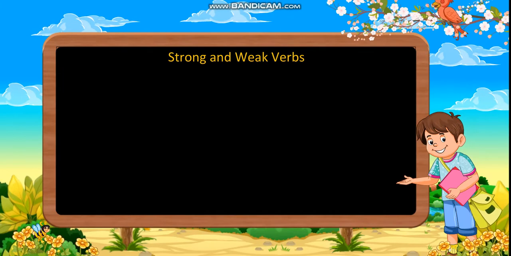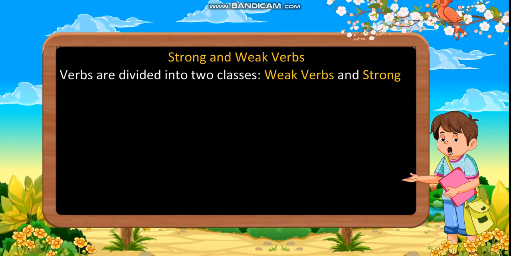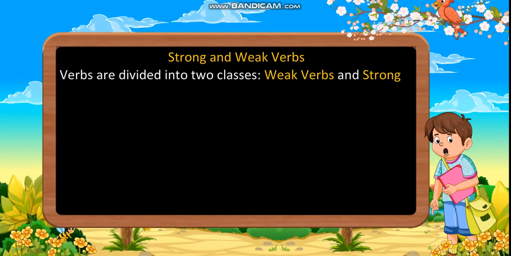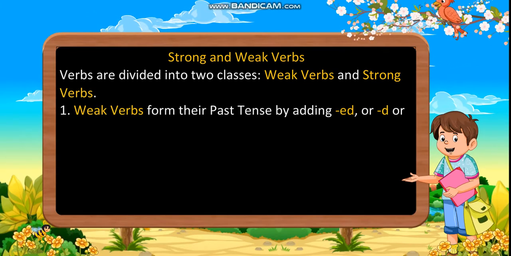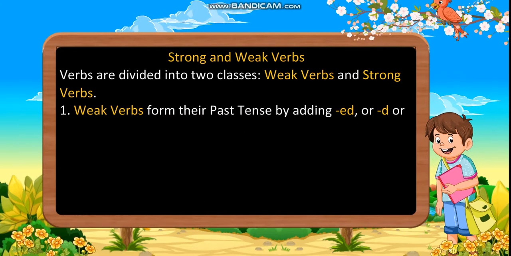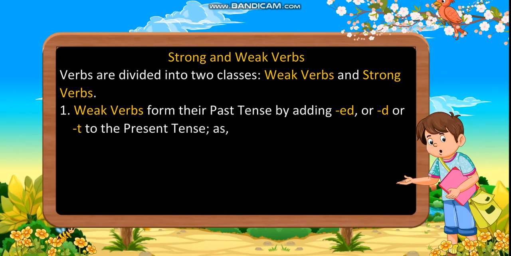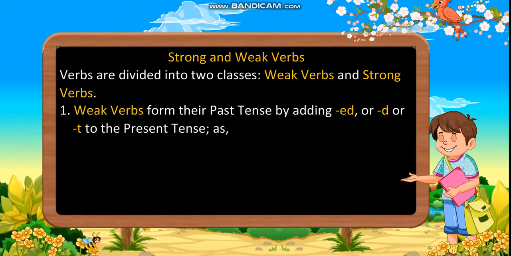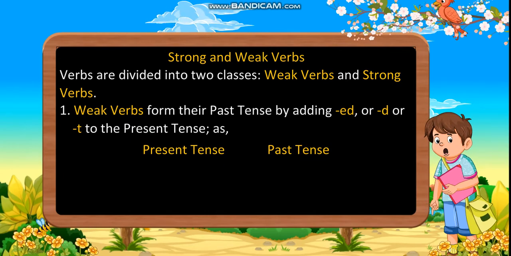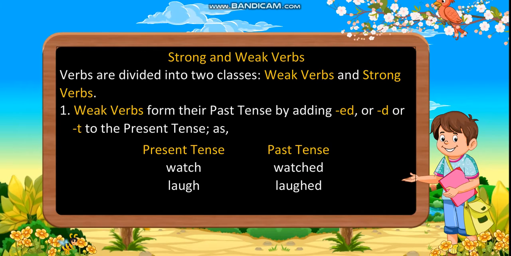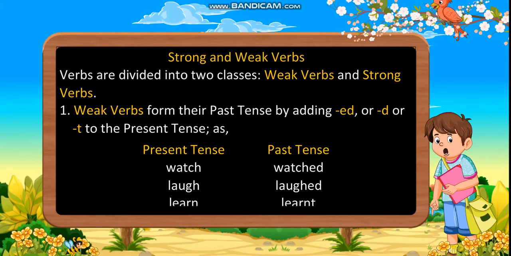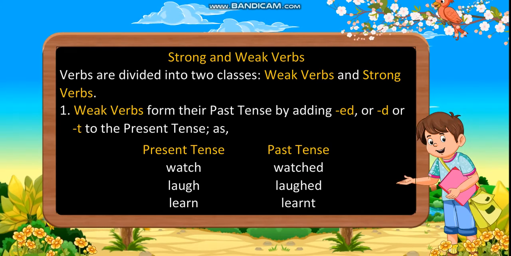Strong and weak verbs. Verbs are divided into two classes, weak verbs and strong verbs. First, weak verbs form their past tense by adding ed or d or t to the present tense. Present tense, past tense: watch, watched; laugh, laughed; learn, learned.